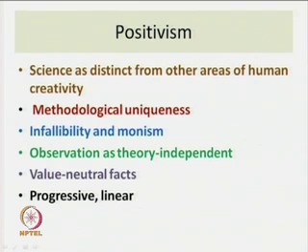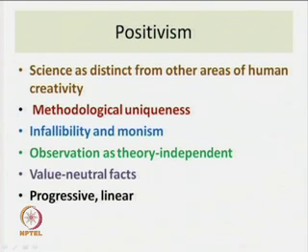So, let us look first at what this movement was, against which we find an imperative in scholars to scrutinize the workings of scientists. The philosophy of science helps us to scrutinize these things. So, first we are going to look at Positivism as a school.